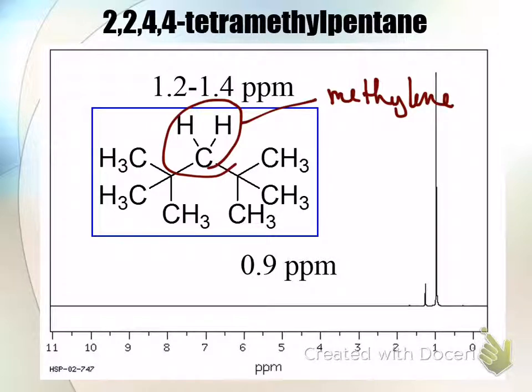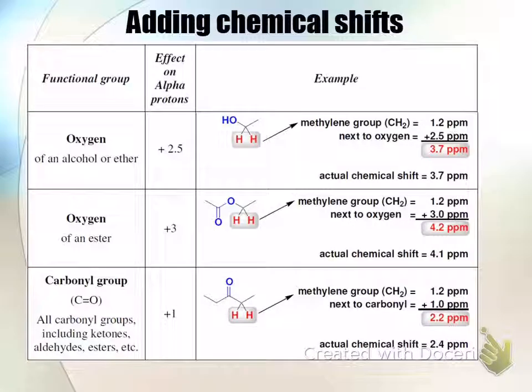So the next thing I want you to get the idea of, again, I mentioned offsets. There's some offsets that are pretty consistent in NMR spectroscopy. And those are going to come on the next slide. These are some of the typical offsets. If you are attached to the carbon with an oxygen attached to it, your offset's going to be 2.5, okay?